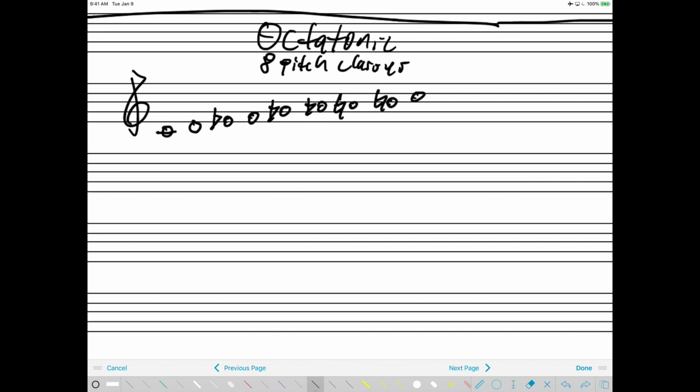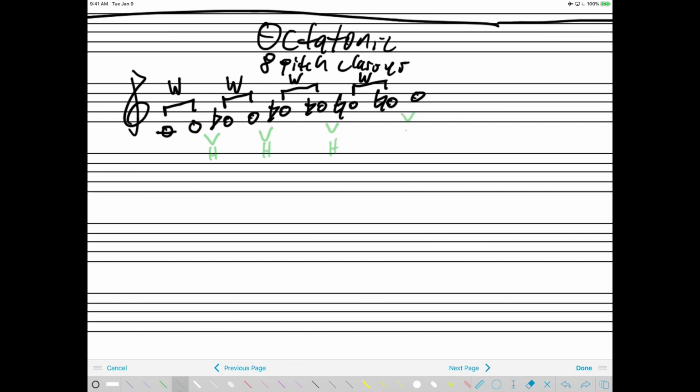Octatonic scales that we frequently see are going to be made up of groups of whole steps and half steps, just like we've seen before. So here are our whole steps. And then down below, I'm going to mark the half steps.